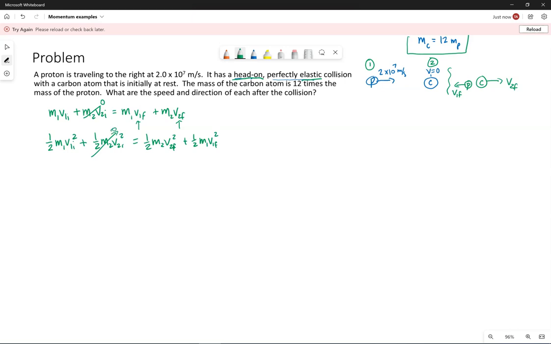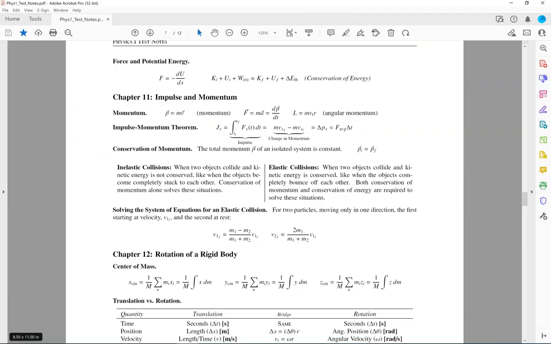So again, the carbon atom is at rest, so we have 2 equations and 2 unknowns: the equation that describes the conservation of momentum in this situation, and the equation that describes the conservation of kinetic energy specifically.